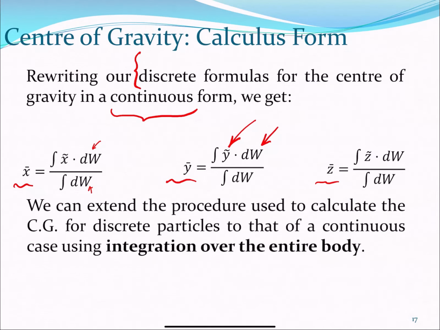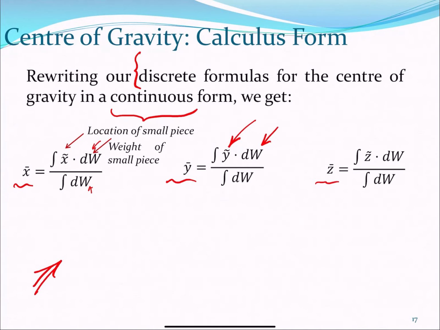The way that we define the differential of weight can simplify our life a lot, and it can also allow us to include a variation in density, in cases in which materials are made up of 2 or more materials, or one material is more dense towards one side than the other. And we are going to achieve that by defining dW in a convenient way.